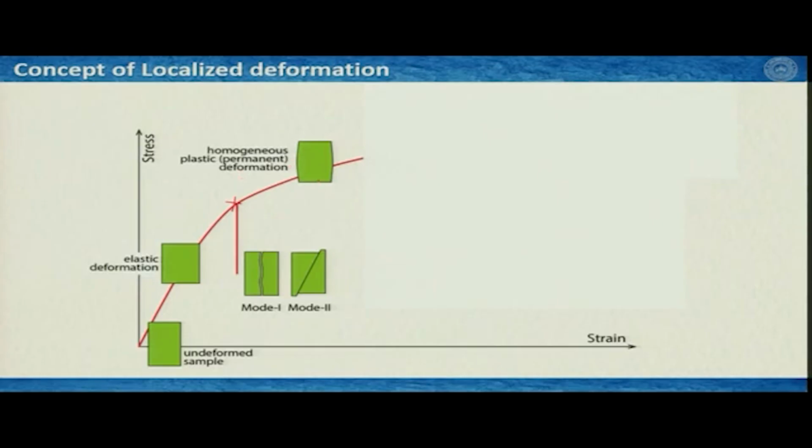So, it shows some sort of barreling, which is characteristic of the experiments. Now, if the strain further continues and the rock does not produce any fracture, then the homogeneous, plastic and permanent deformation continues, and it goes this way with more and more stress requirement. So, we have seen two possibilities.